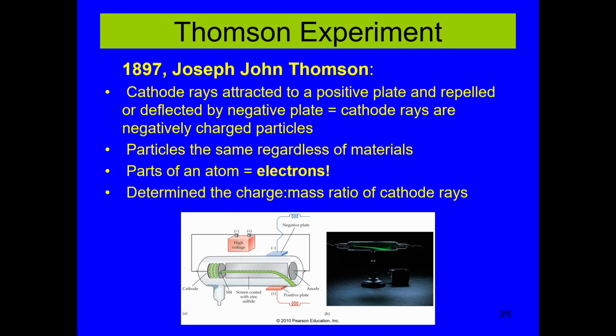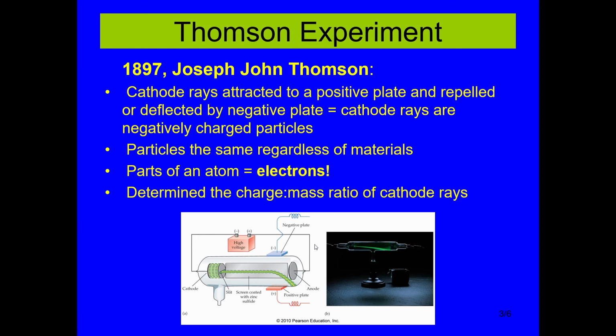It was observed that a green fluorescence was obtained when a strong electrical current struck a screen that's made of zinc sulfide. When this cathode ray was placed between a negative plate and a positive plate, the ray, the green line that you see here, started to push towards the positive plate and repel from the negative plate.